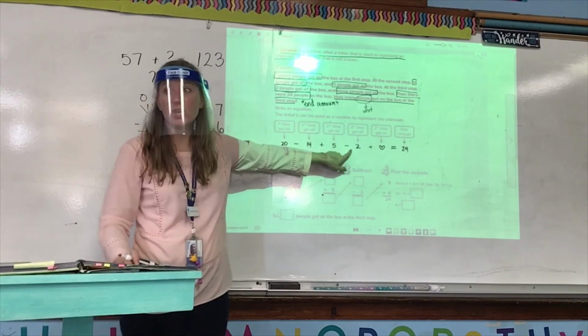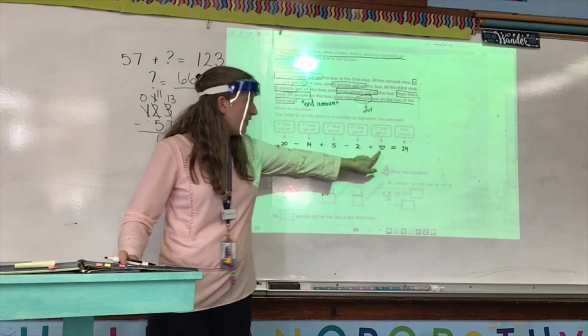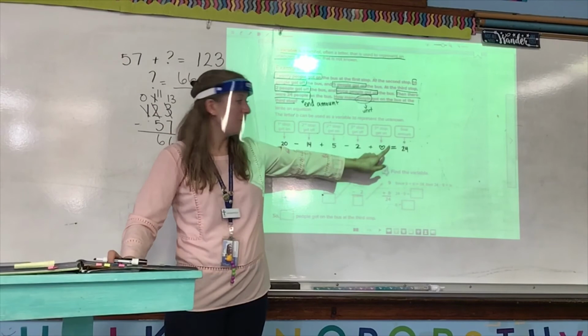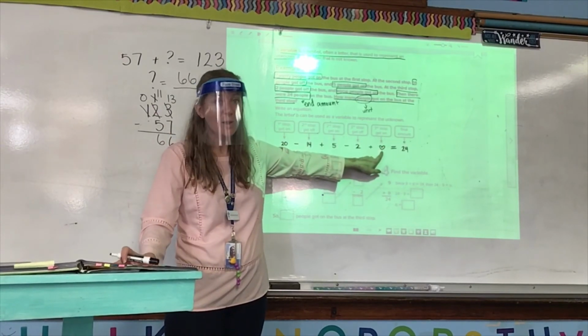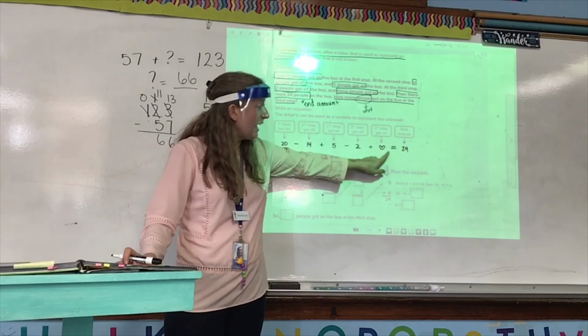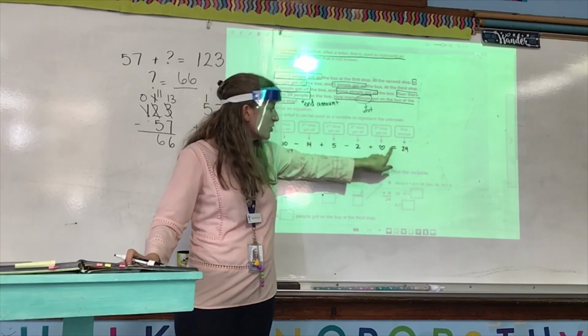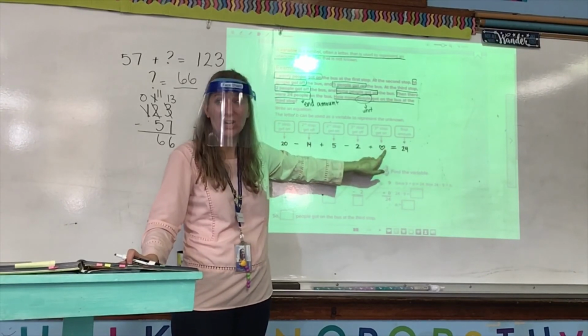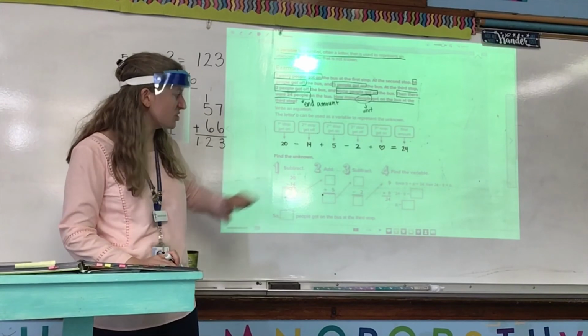Then we subtract 2 because at the third stop, 2 people got off. Then we're adding an unknown because it said some people got on, which means we're adding, but we don't know the number. And in the end, there were 24 people on the bus. So we're trying to find out how many people got on at the third stop. So let's start solving.